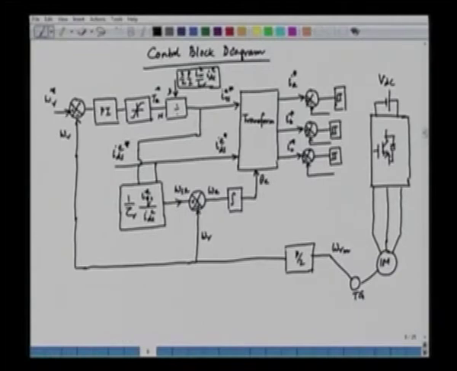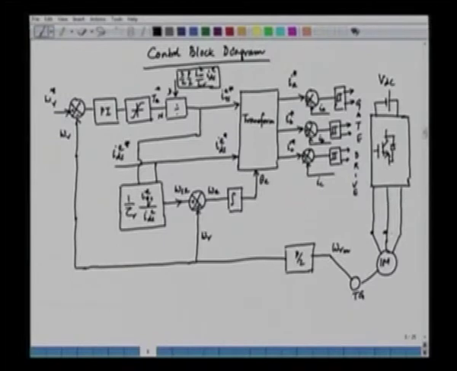So this is the closed loop control, and this will be giving the gate drive signal for the inverter. So these are the gate drive signals. And these feedbacks will be IA, the actual current that is fed back, here we have IB, and here we have IC.